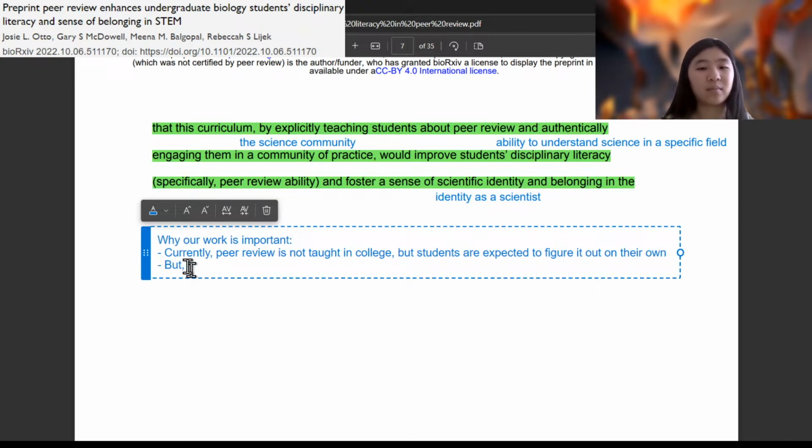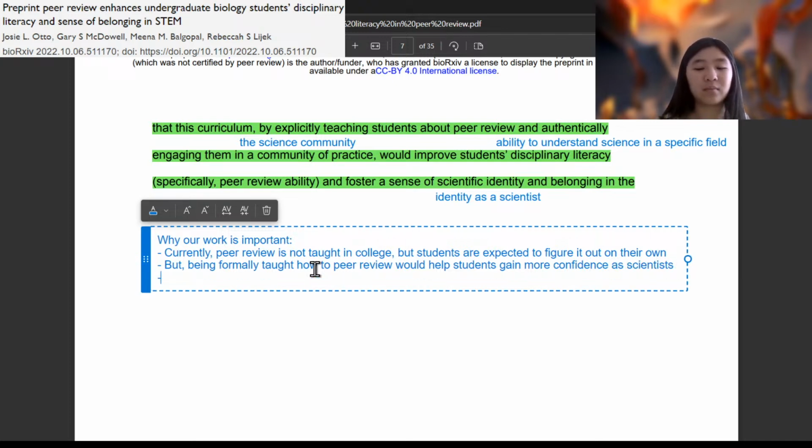But being formally taught how to peer review would help students gain more confidence as scientists. It would also teach them about how science is really done. Okay.